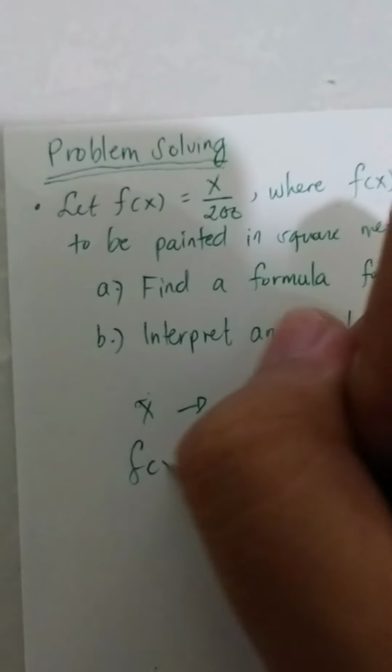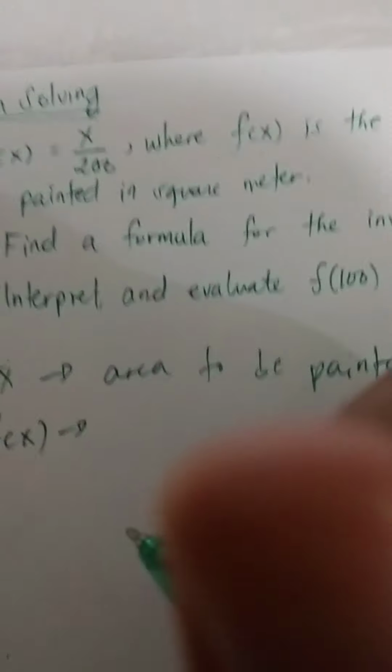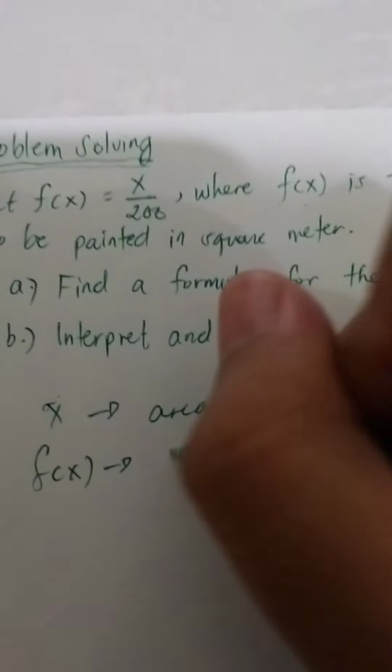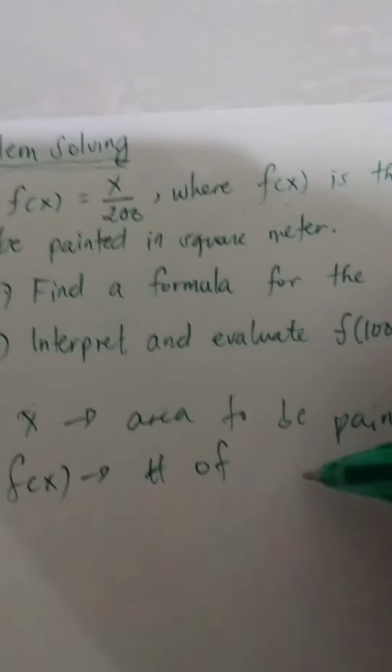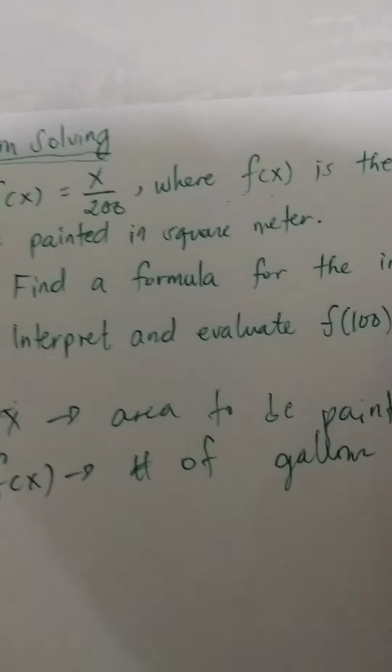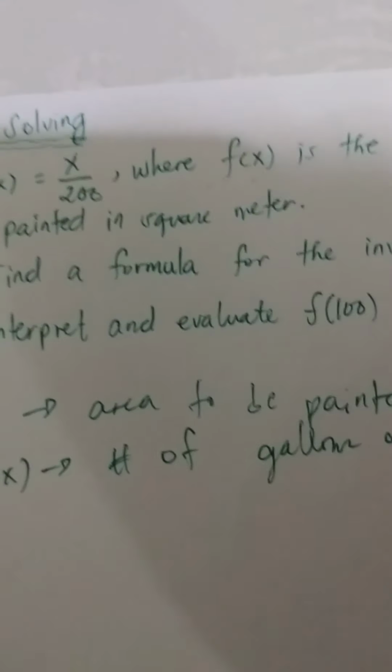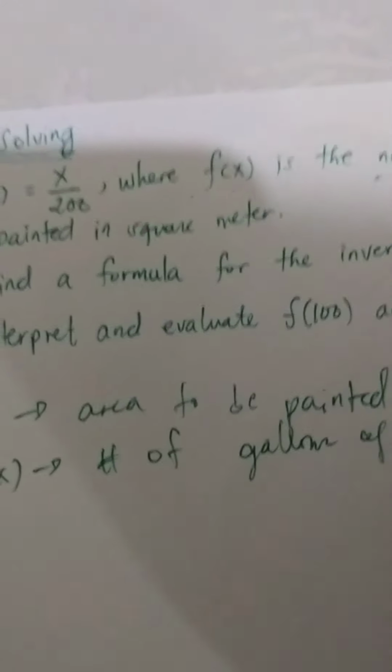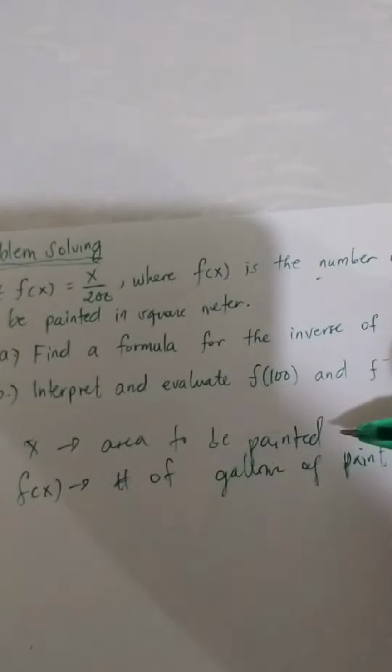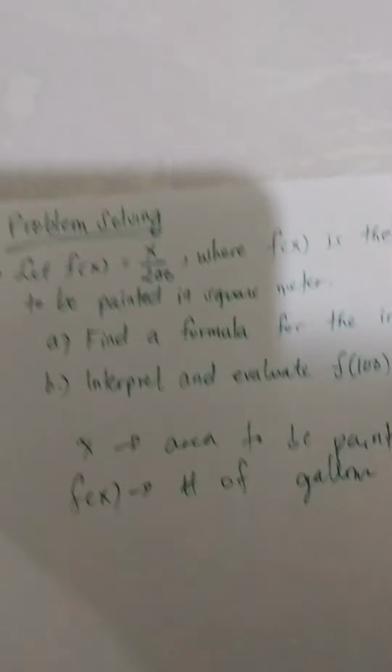Then f of x, or the output, is the number of gallons of paint. Now, let's solve the problem. Letter A, let's find the formula for the inverse of the given function.